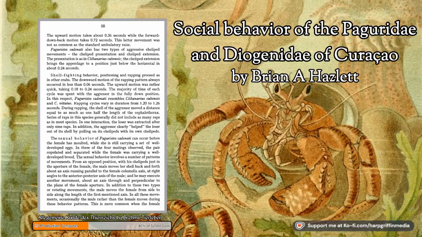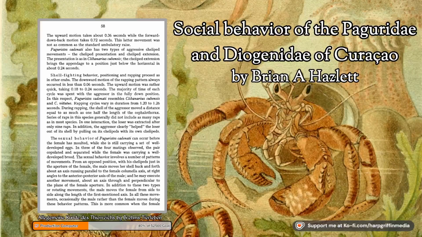From an opposed position, with his chelipeds just in the aperture of the female, the male moves her shell back and forth, about an axis running parallel to the female columella axis, at right angles to the anterior-posterior axis of the male, and he may execute another movement, about an axis through and perpendicular to the plane of the female aperture.